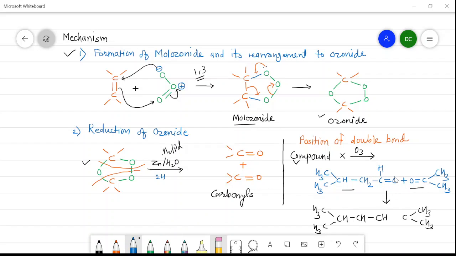So we will eliminate this oxygen, we will neglect this oxygen, and just attach this carbon and this carbon by a double bond. So the structure becomes like this: CH3, CH, CH3, CH, CH, then double bond C, CH3. In this way, we can identify the position of the double bond in the alkene molecule by the ozonolysis process.